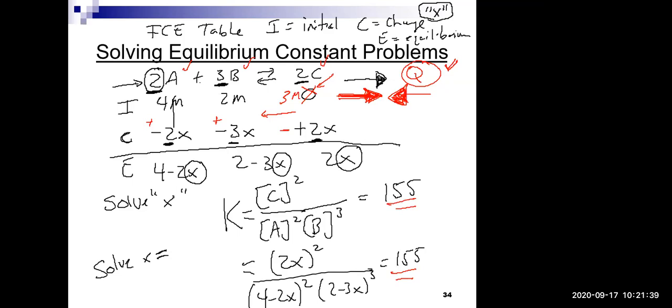So again, a recommendation is if you are given starting amounts of everybody, you should calculate Q to verify which way it's heading because it can affect the change part. Probably 9 times out of 10, even 9.9 times out of 10, you could blindly just go this way, minuses on the left and positives on the right. But there is an occasional chance it could actually be going the other way. Question on that?